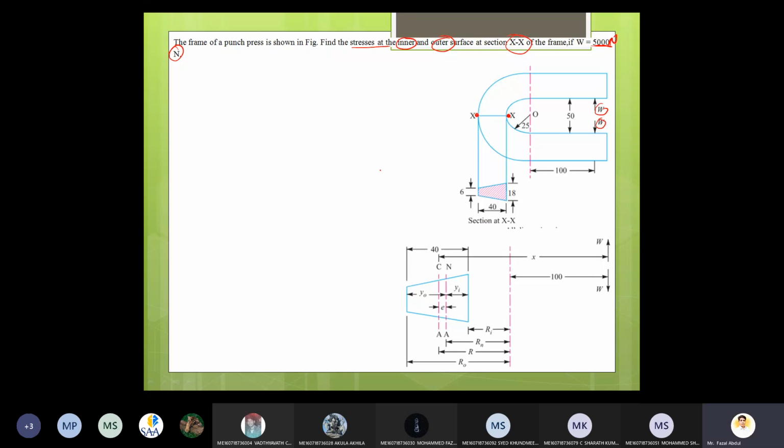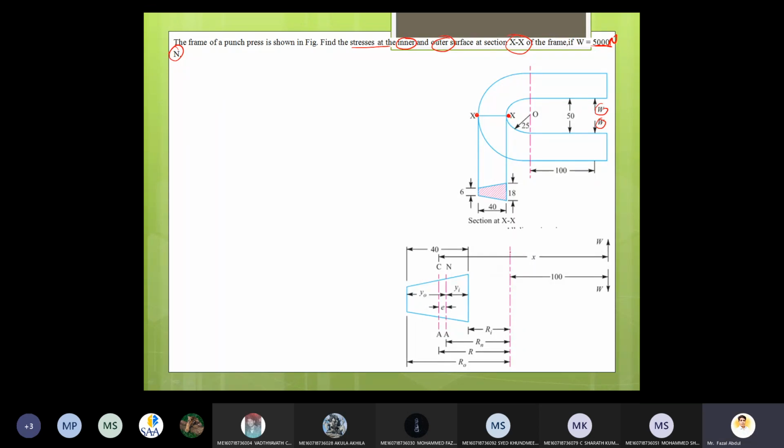See here, whatever figure is given in the question paper, you have to convert into this form. Okay. Now the load is applied here at this point. This red dotted axis line is the central line of curvature.